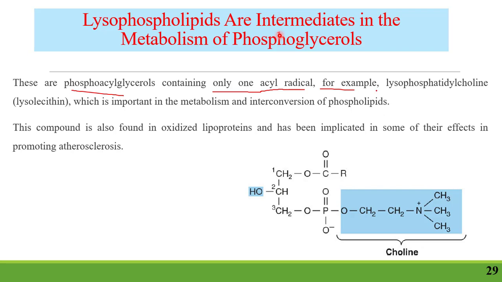For example, lysophosphatidylcholine or lysolecithin, as you can see here, which has one fatty acid here and the phosphocholine on carbon number 3, but in carbon number 2 we don't have a fatty acid. It is called lysophosphocholine or lysolecithin.